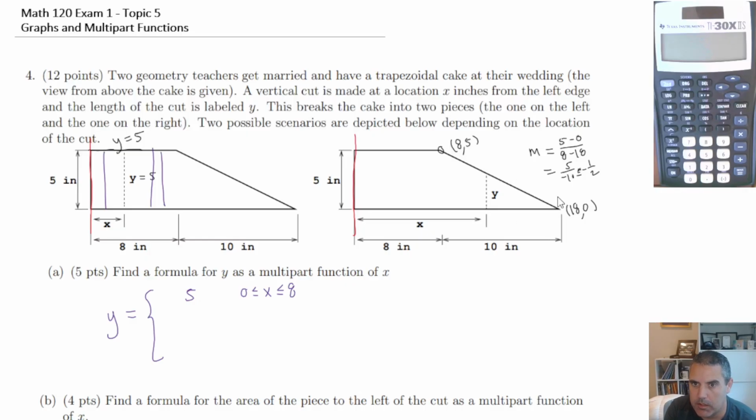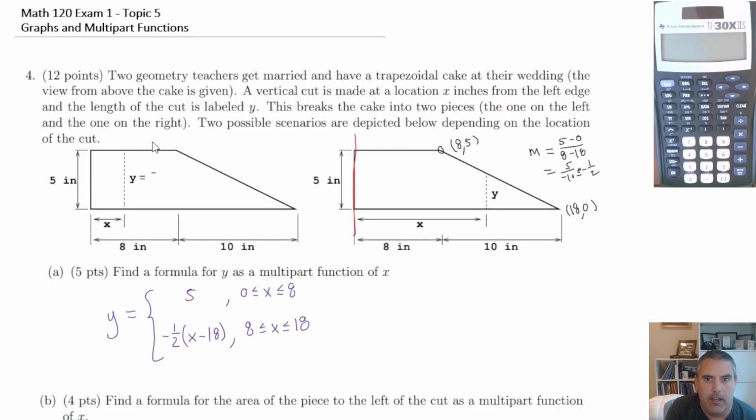It's whatever the equation of that line is for the height. We just found out that the slope is negative a half, and it goes to the point 18, 0. That's if x is between 8 and 18.